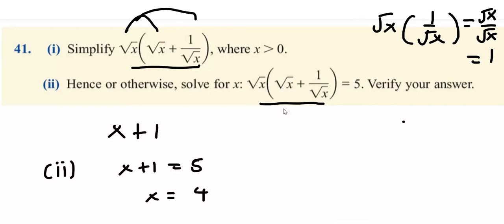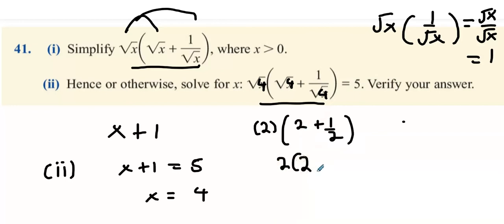Okay, nextly, root 4. 2 on the outside. Root 4. 1 over root 4. 2 plus a half. 2 and a half. Or not 3 over 2. 5 over 2.